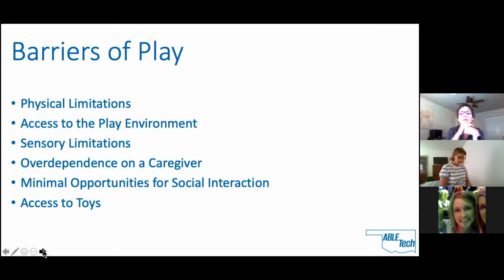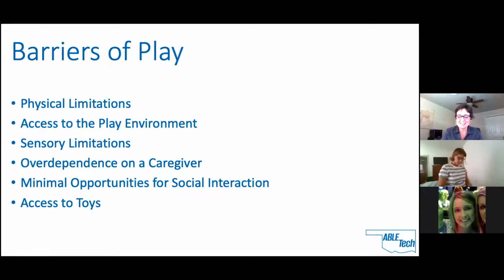All those things go within the sensory limitations. Over independence on a caregiver. I have seen this time and time again where neither one has an opportunity to let the other one play or let the other one be independent. So this can be a big hindrance to our kiddos too. And it's really hard to tell a parent that they're being overbearing. Let's just be honest. Nobody wants to be in that role.